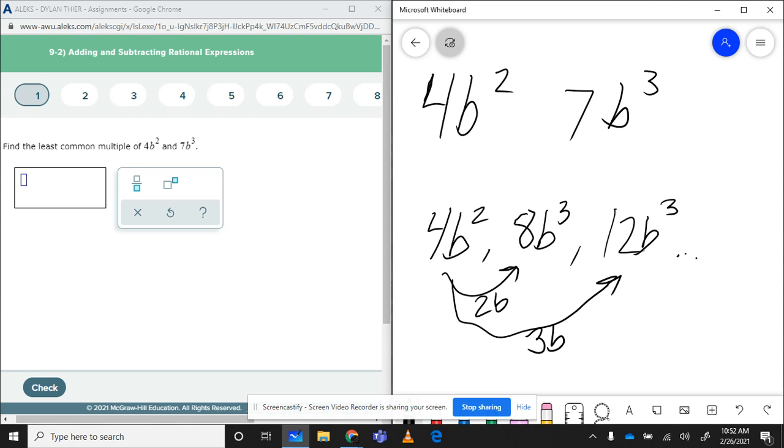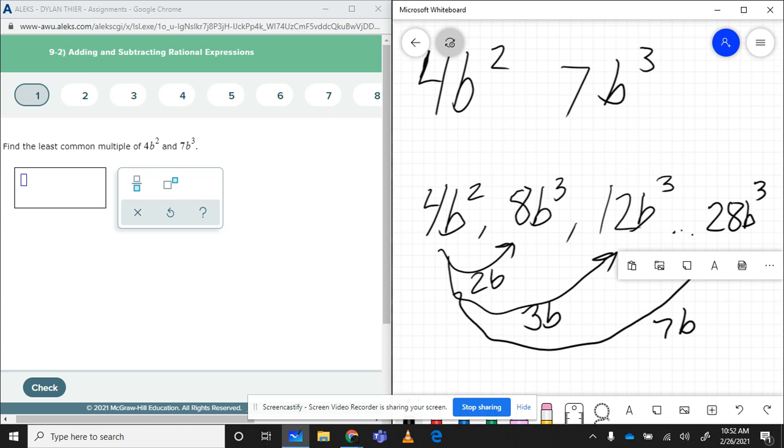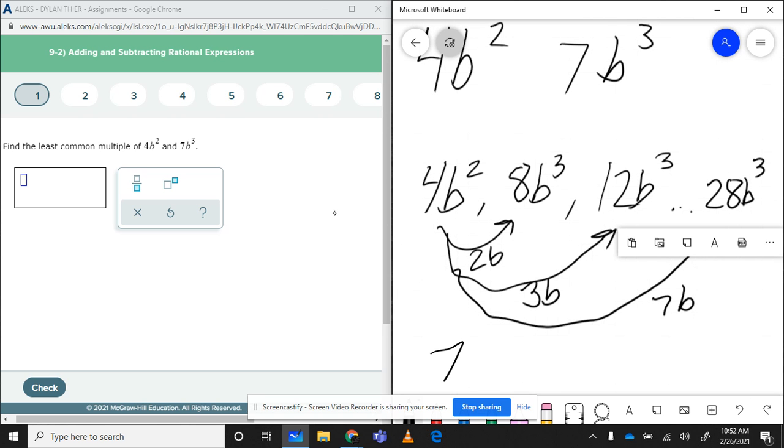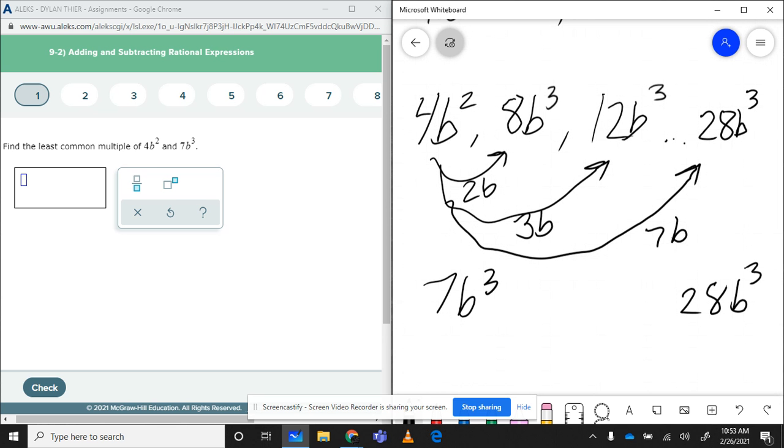Eventually, if I go down my list, I should hit 28b cubed when I multiply by 7b. Now with the 7b cubed, I don't need to multiply by an order of b because I'm already at that third order. So for that one, I would only have to multiply by 4 to get there.